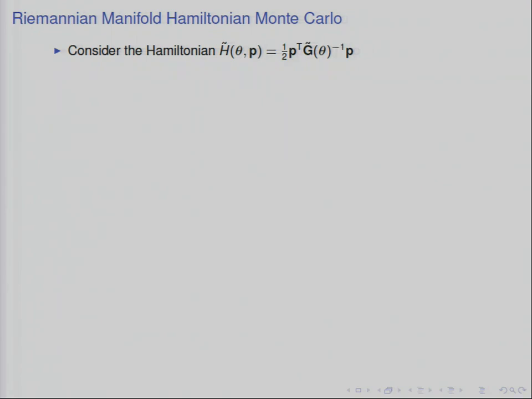Well, let's just consider a Hamiltonian which is purely kinetic. And we'll define it as H tilde, and we say it's defined as H tilde because the metric, we'll just call it G tilde.